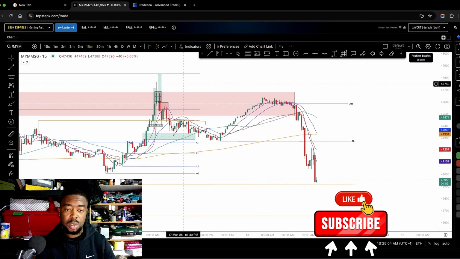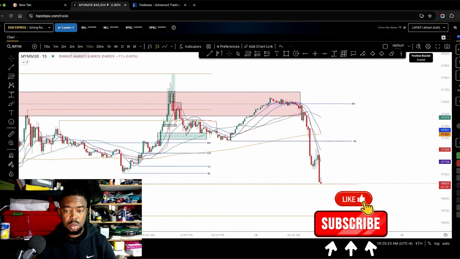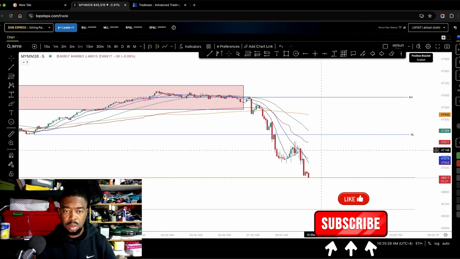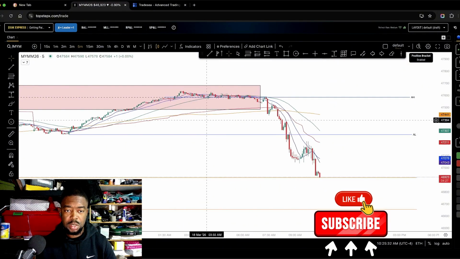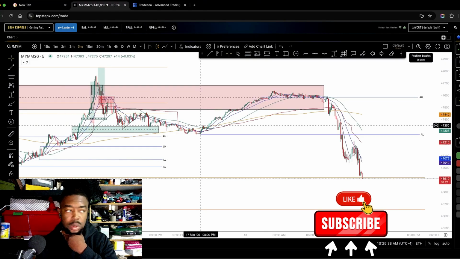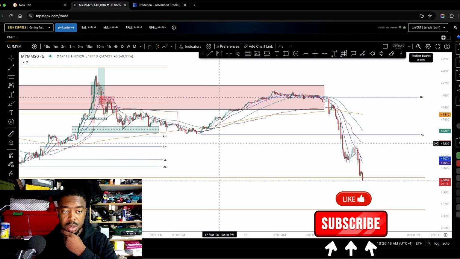So I would tell you guys the 5 minute is cool, but in certain instances, when you're trying to get confluences from a higher time frame setup, like for instance in this case, the 1 hour, I always go to a higher time frame, like let's say the 15 minutes, to confirm it. The 5 minute isn't going to help you.